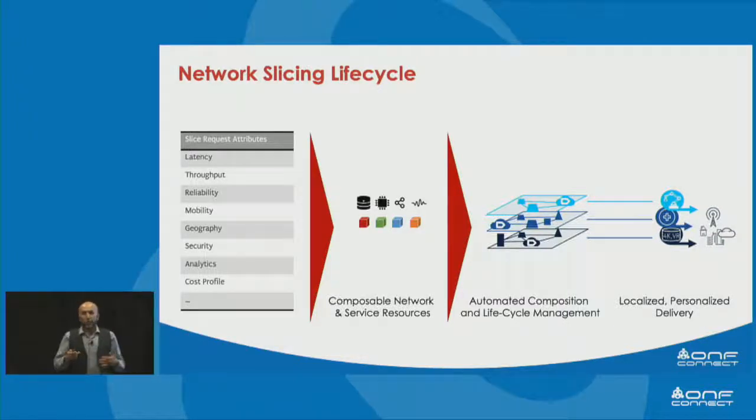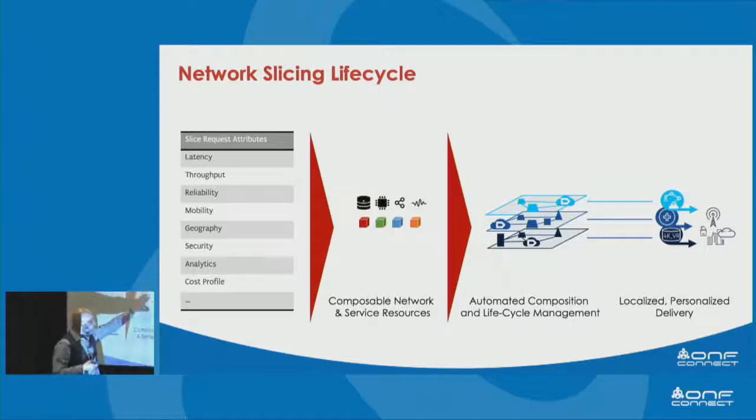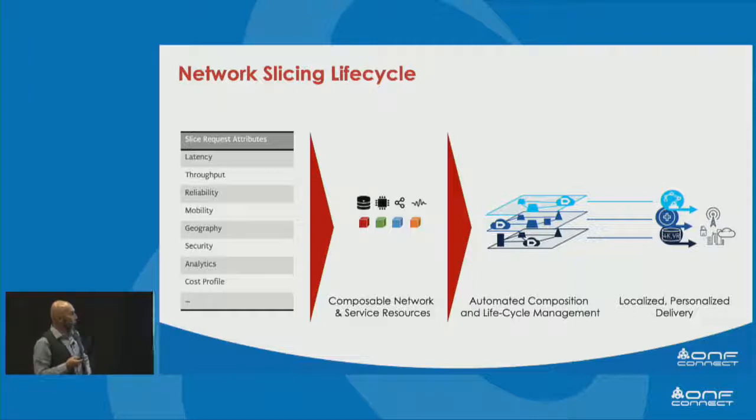So this is a network, so that means I would have to ask from the network a specific latency, a specific throughput, reliability, mobility, locality, etc. And based on that, the operator would actually compose network, physical and service resources and create the service graphs and in a localized way deliver it.